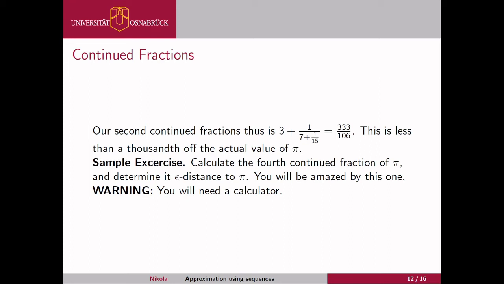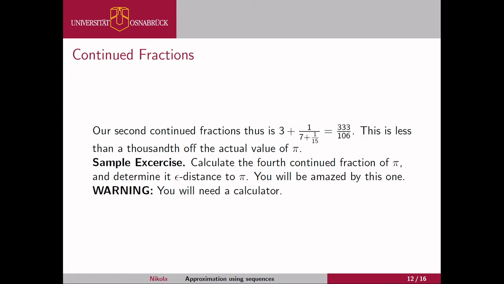And this already looks quite good, right? Doesn't it? You already got to 1,000th just by computing 3 approximations, the integer 3 being the first one. Whereas if you remember with the Heron method, you were only halving the accuracy of your method in every step.